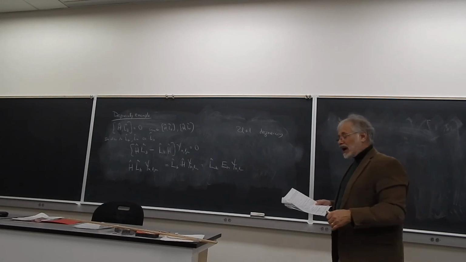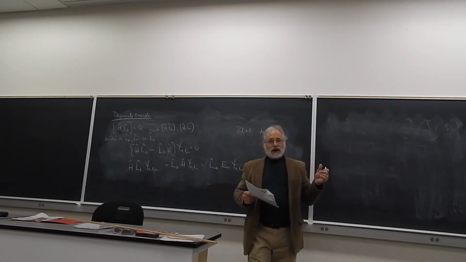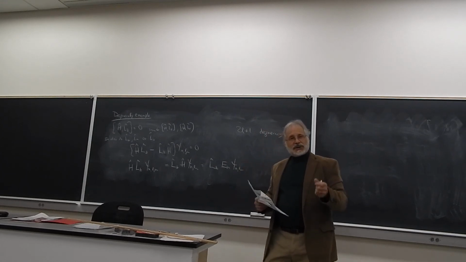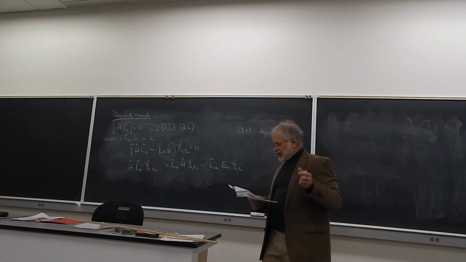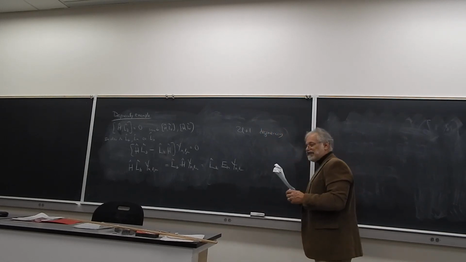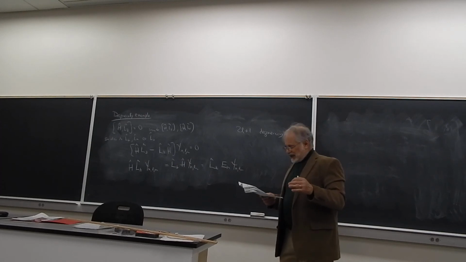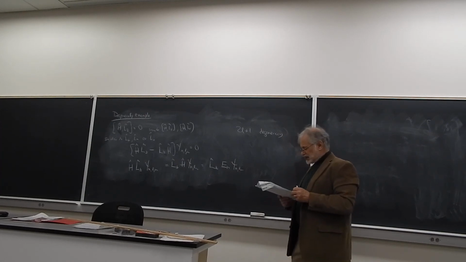Hydrogen, which we've studied extensively, also has a central potential, but oddly enough, its degeneracy is not 2L plus 1, it's actually n squared. That comes from a much more subtle symmetry than rotational invariance.